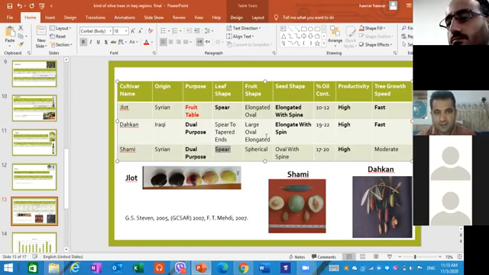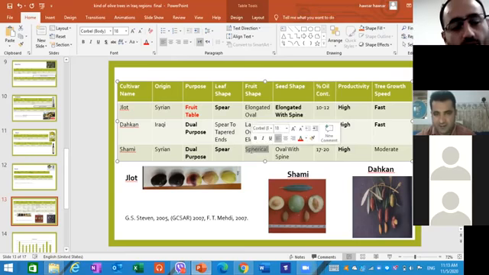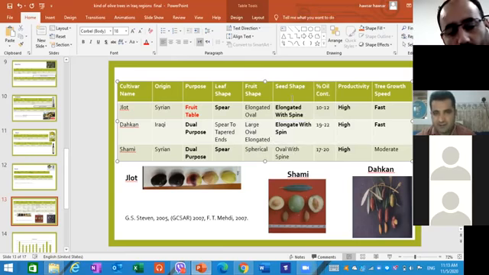About fruit shape, Jalut is elongated, and Dakan is a large oval, but Shami is spherical. About seed shape, Jalut and Dakan are elongated with a spine, but Shami is oval with a spine.